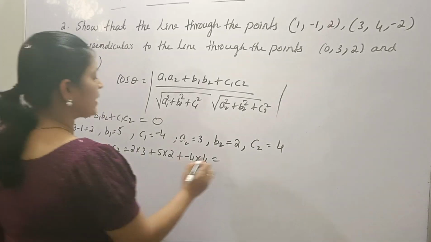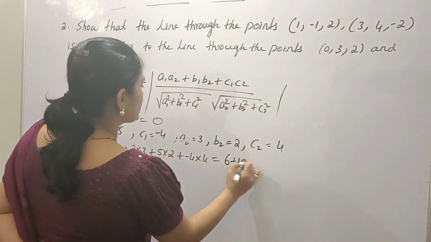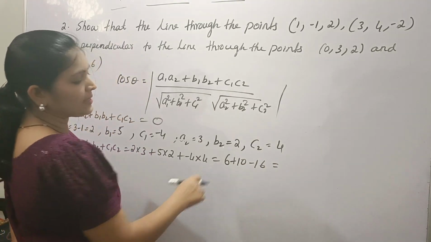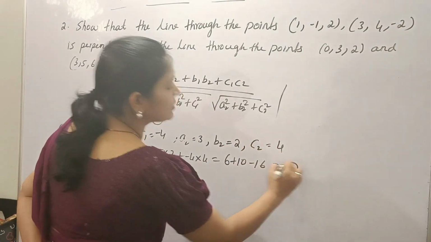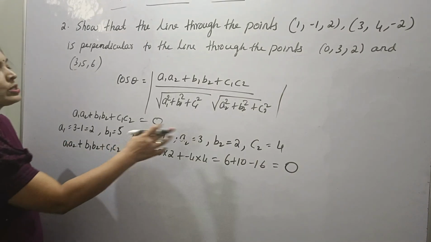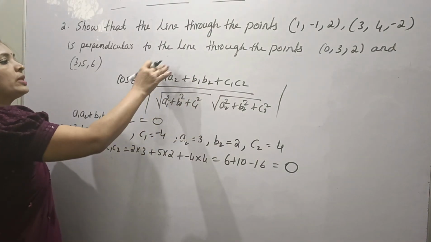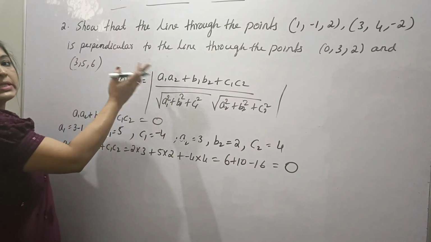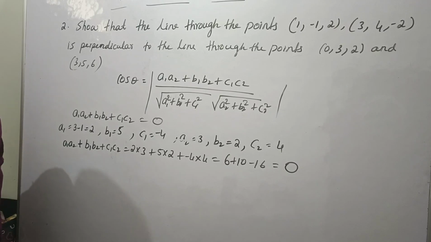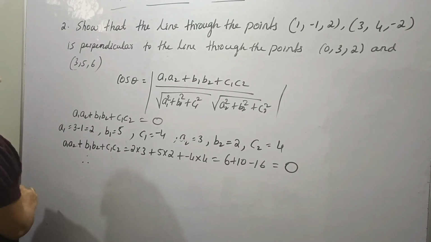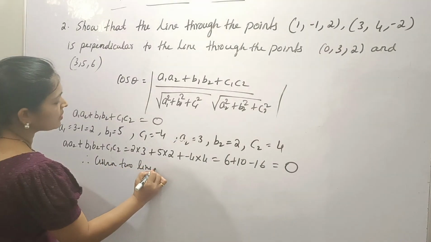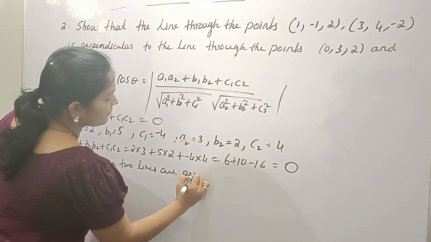That is equal to 2 into 3, 6 plus 10 minus 16 is equal to 6 plus 10 minus 16, that is 0. See, here we have got a1, a2 plus b1, b2 plus c1, c2 is equal to 0. So if you substitute it is equal to 0, you will get cos theta is equal to 0. Cos theta is equal to 0 implies theta is equal to 90 degree, right? Therefore, here given two lines are perpendicular.